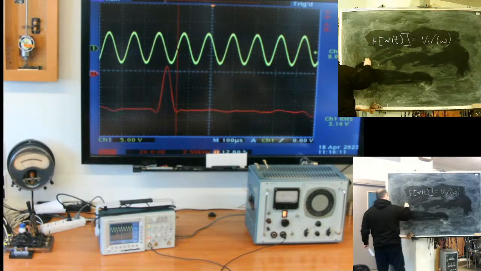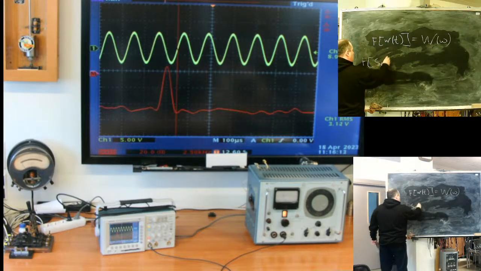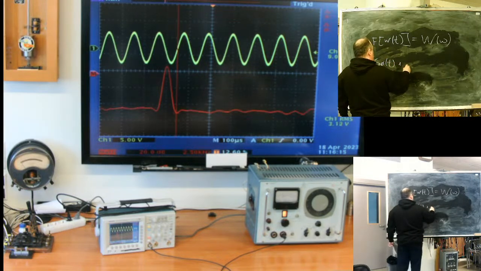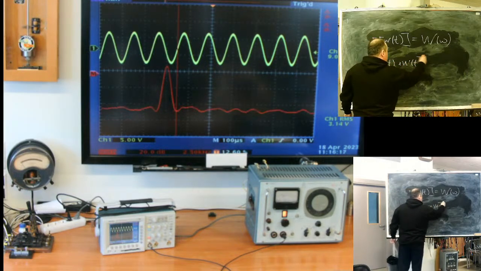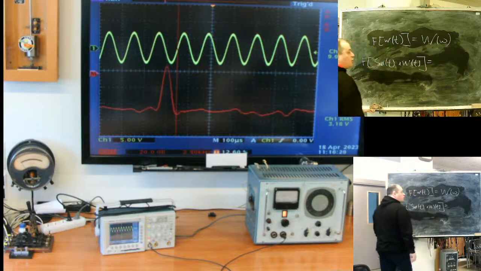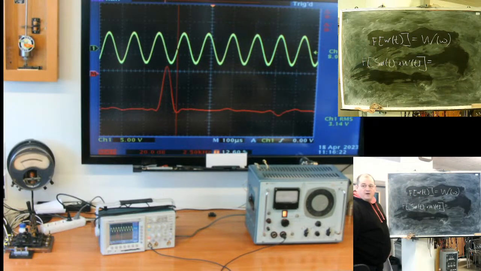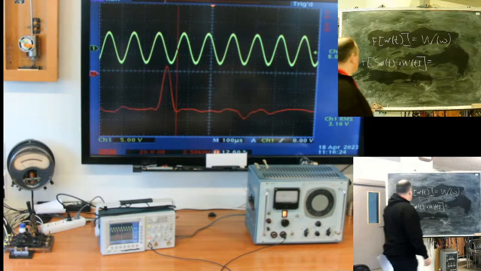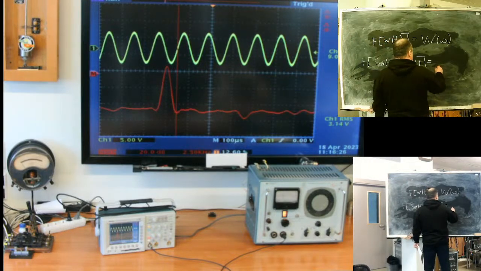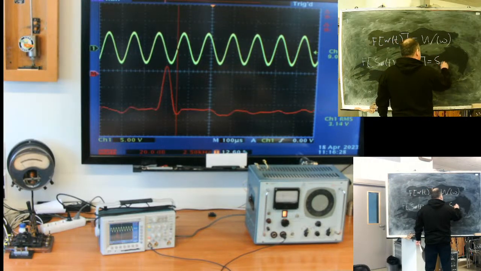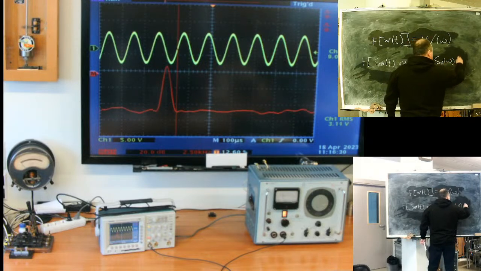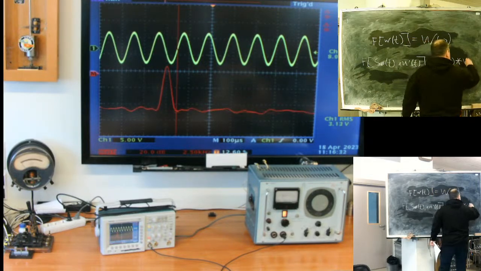The Fourier transform of the original signal multiplied by the given function will be a convolution of the above-mentioned transforms.